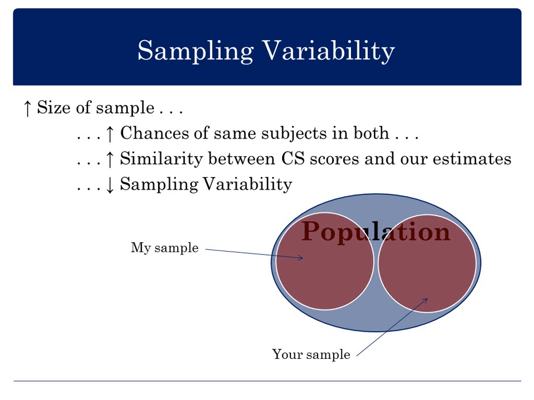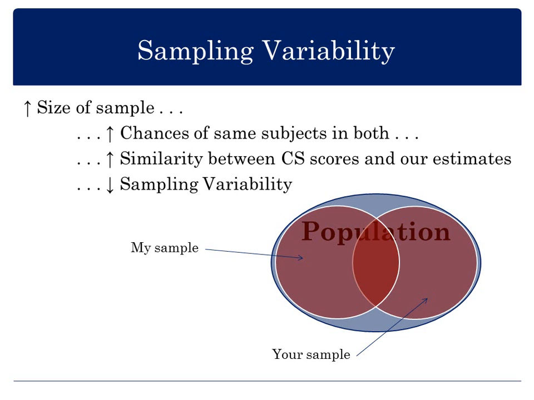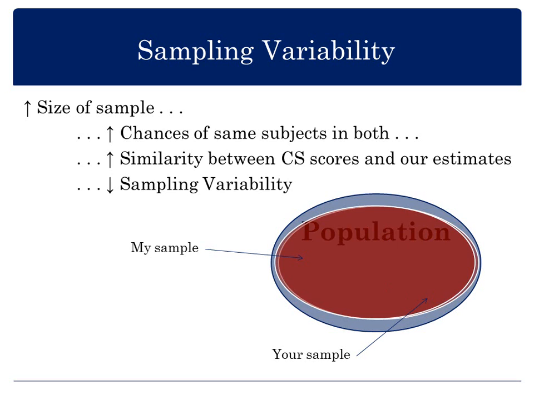We'd have to take really big samples to get this situation. Let's assume our population is not millions. Let's assume it's 1,000, and I'm taking 500 and you're taking 500 randomly. We're probably going to get some overlap, right? At some point, some of my subjects will be some of your subjects.